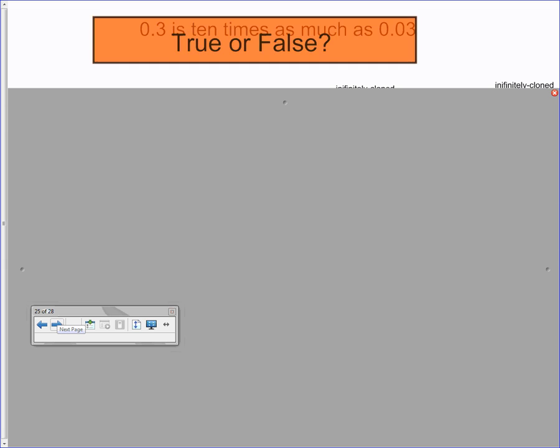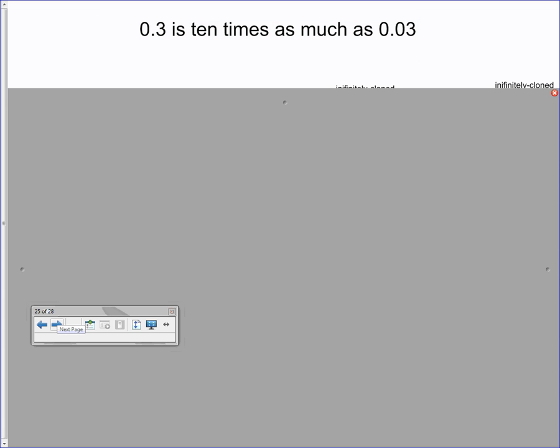Alright, true or false? 3/10 is 10 times as much as 3/100. So remember how I take a look at that. I take off what is and whatever's in front of it, so 10 times as much as 3/100. I'm sorry, I said that wrong the first time. So I want to know 10 times 3/100.